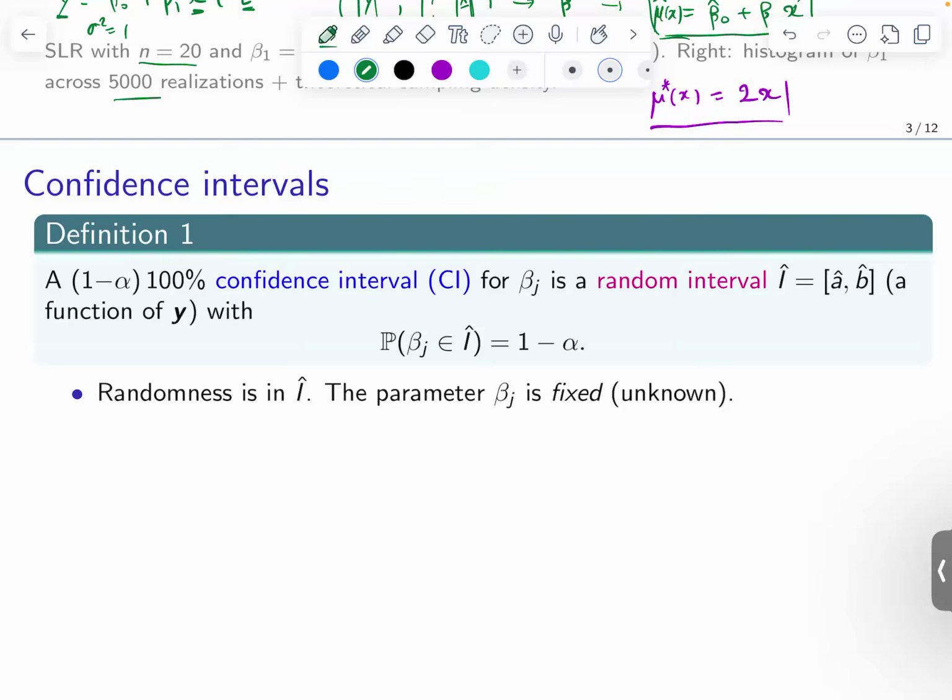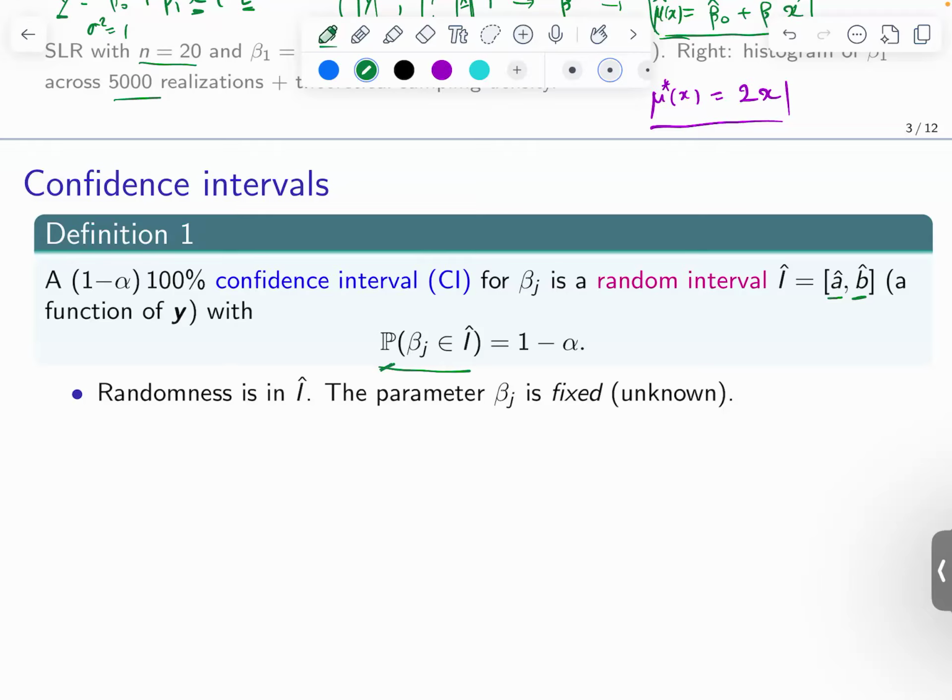Rather than a single number, it's a random quantity. It's an interval whose endpoints are random numbers, such that the probability that beta j belongs to this interval is 1 minus alpha.